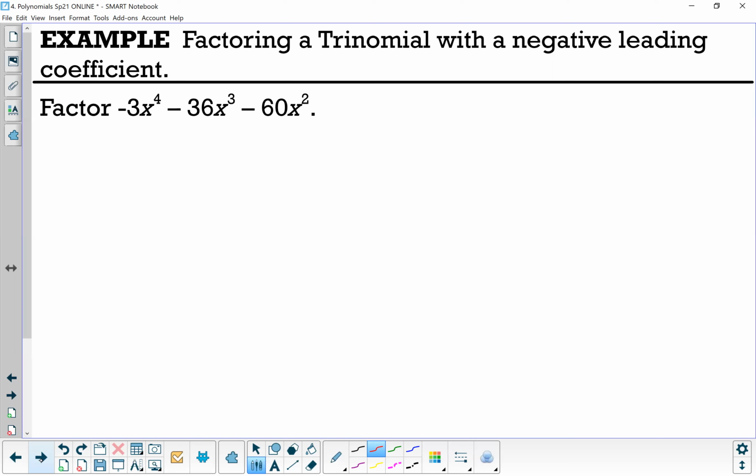So I want to factor out whatever the GCF is, I want it to be negative. And going by inspection, it looks like we have -3 and then an x squared. So our GCF is -3x squared. We're going to divide by -3x squared.